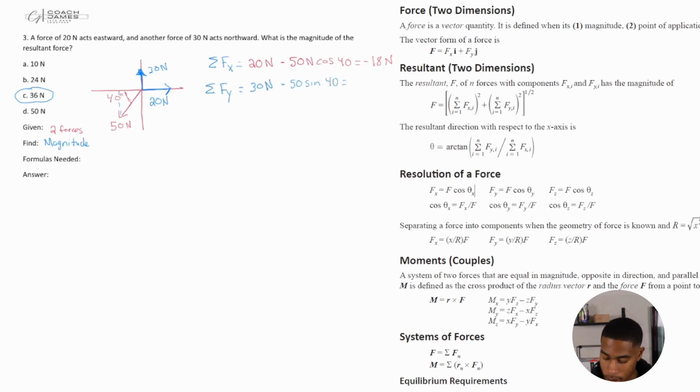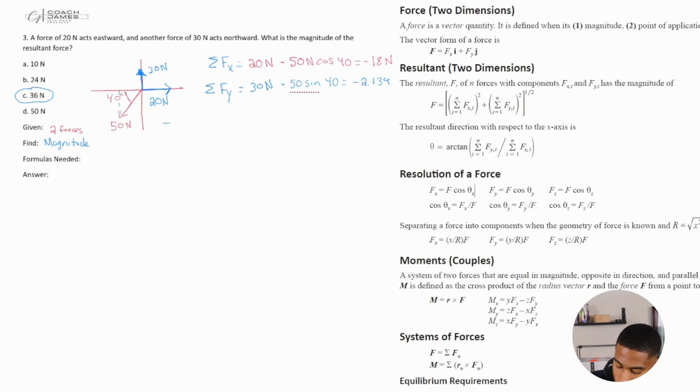So 30 minus the second answer, I get negative 2.139.